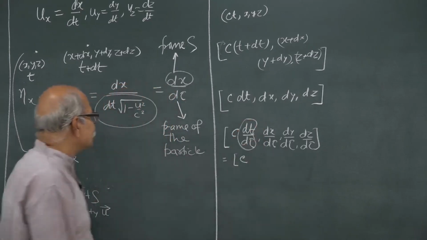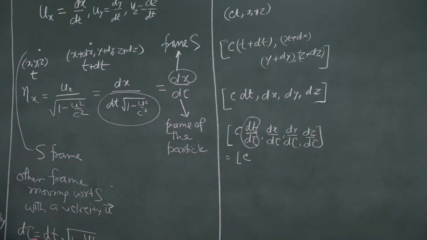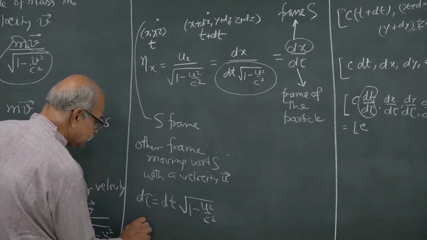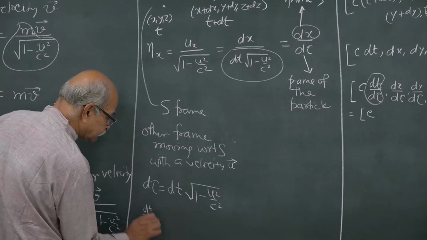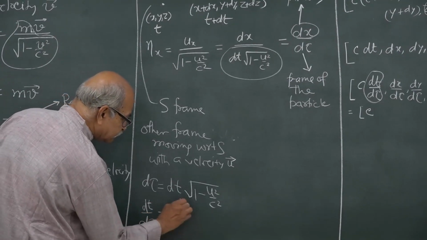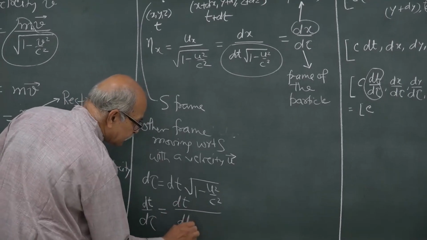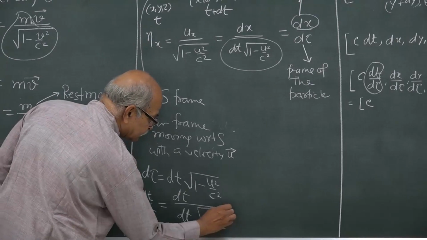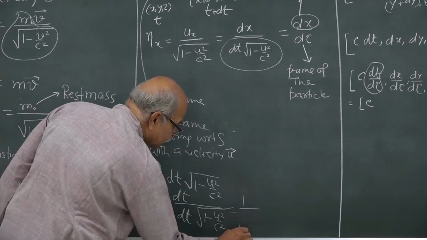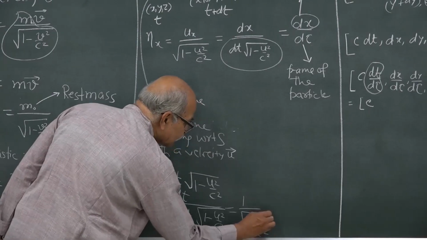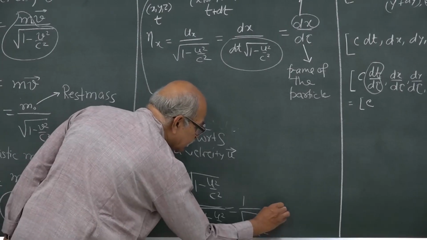What is dt by d tau? It is 1 by square root of 1 minus u square by c square, which you can write as gamma u.